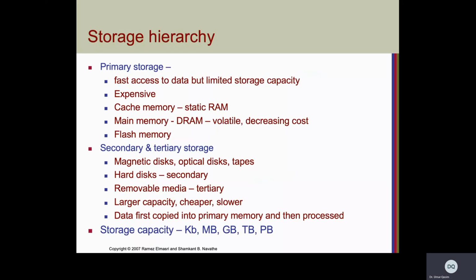If you have studied this early in your degree program in ICT and in other courses, you know about the primary storage and secondary storage devices. Primary storage, just to recap, is basically random access memory or cache memory or flash memory. Cache memory is static memory, which keeps the data saved there.